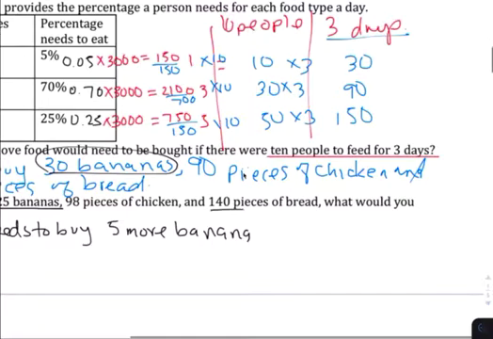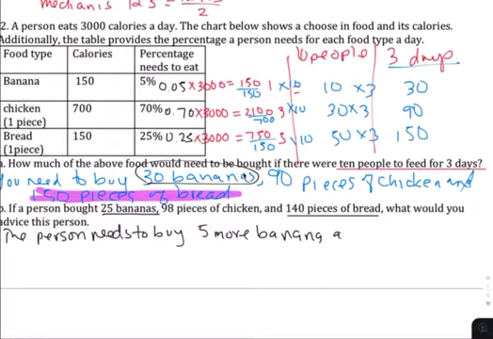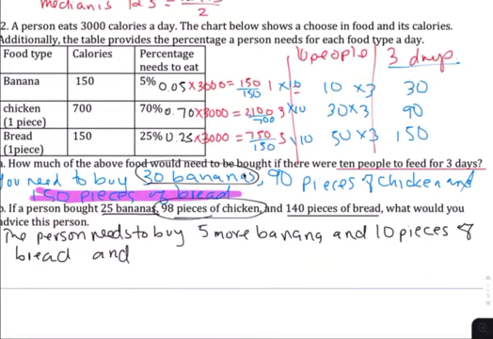And the bread, notice the bread, they only bought 140 and they needed to buy 150, so they also need to buy 10 pieces of bread. And they have to return, they bought 98 and they only needed 90 pieces, so return 8 pieces of chicken.